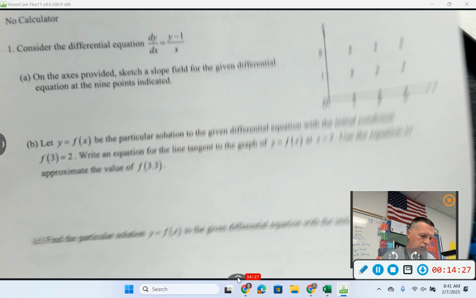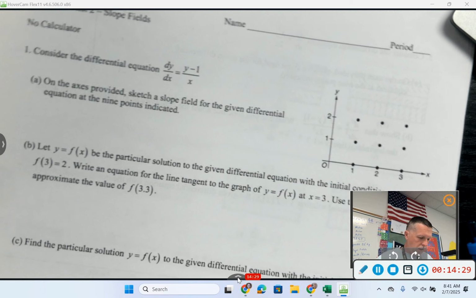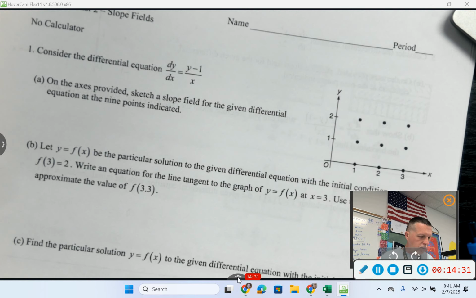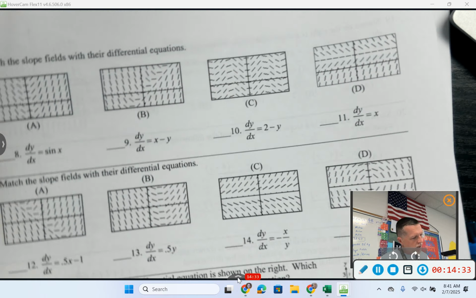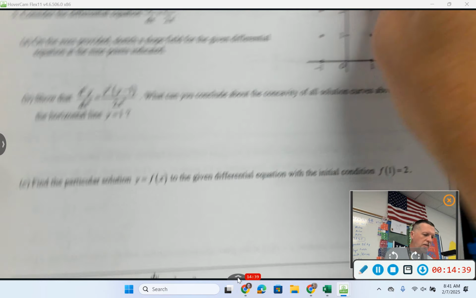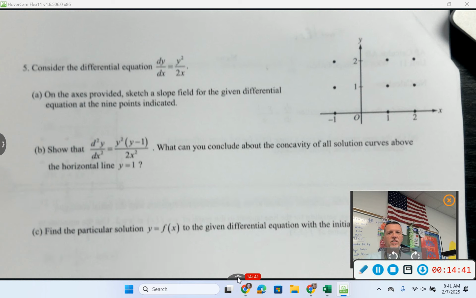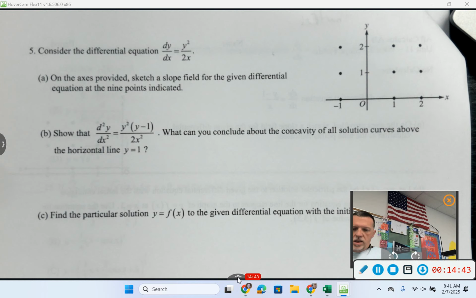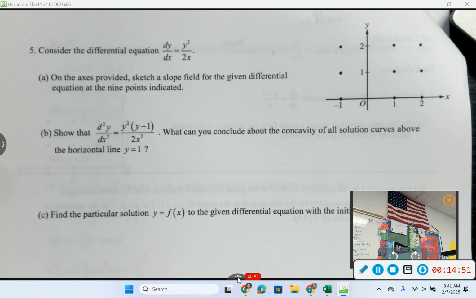Number 1 looks really similar to what we just did, like nearly identical to what we just did. Why don't we try number 5? So turn to number 5 on the worksheet and try number 5.